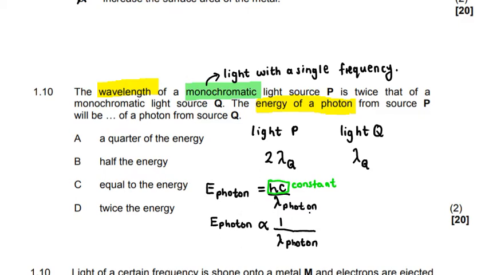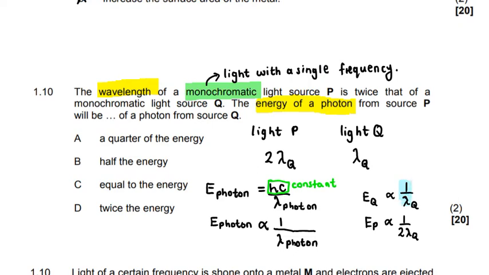So this statement, we can say that the energy, what are they saying here? The energy of the photon of P, so we want to relate it to Q. So we're going to say here that the energy of Q is directly proportional to 1 over the wavelength of Q. Right, so now let's do some substitutions. That means that the energy of P is going to be directly proportional to 1 over, now its wavelength is twice that of Q. Right, so now I wanted to make this substitution.